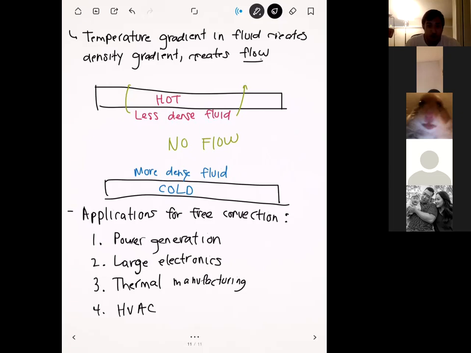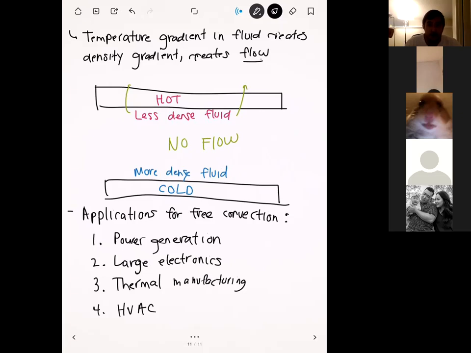Okay, so any questions on this? Would electronics fall under that category too, or making electronics? Yeah, it all depends on the size. For a lot of electronics, like on your desktop, a fan is usually not the hardest thing to install, and so you're going to get much more convection from any kind of forced airflow on top.